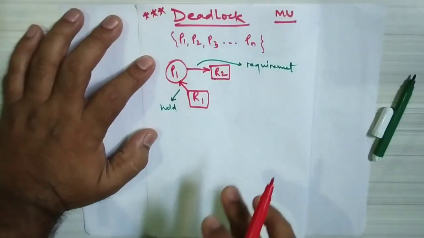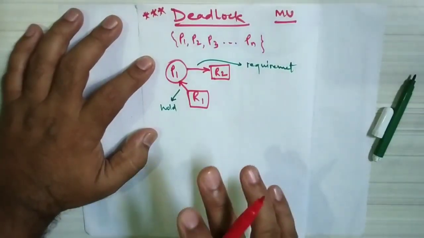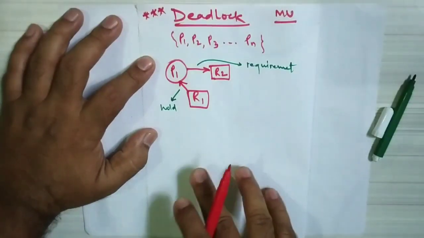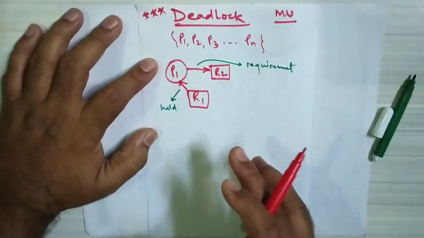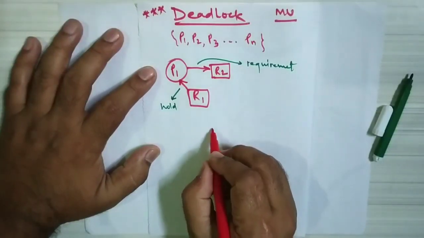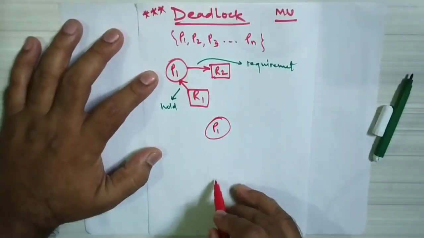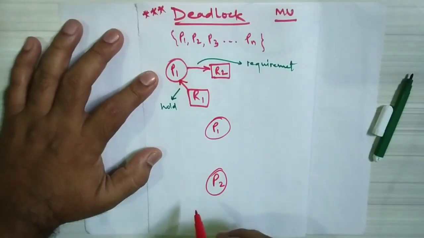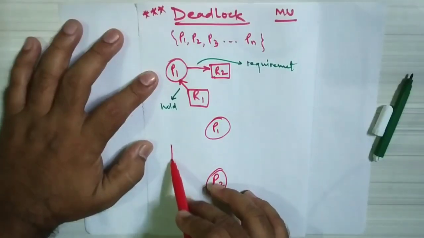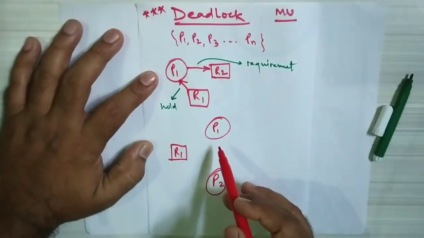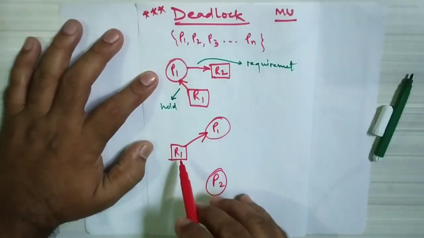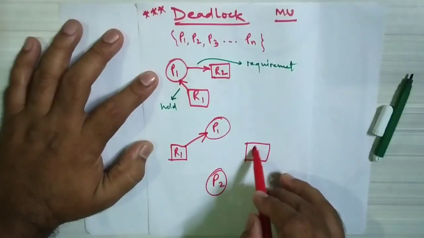This is just a basic concept. Now we'll try to understand the concept of deadlock. When a set of processes wait for some resources which are held by some other process within the set, this condition is called deadlock. Let us understand how this happens. Imagine this is the process p1 and this is the process p2. p1 is having resource r1 and p2 is having resource r2.